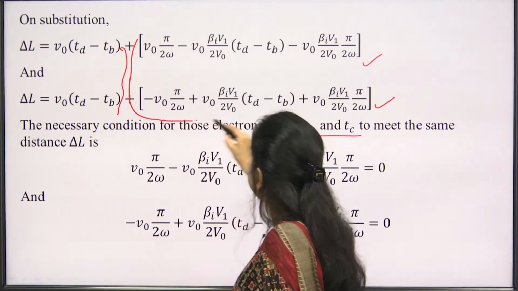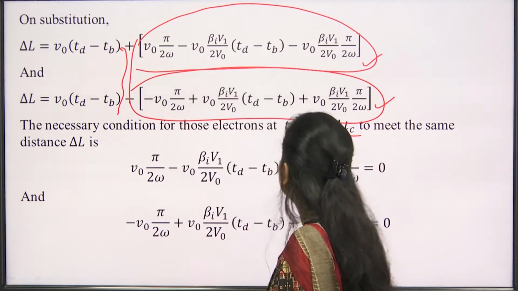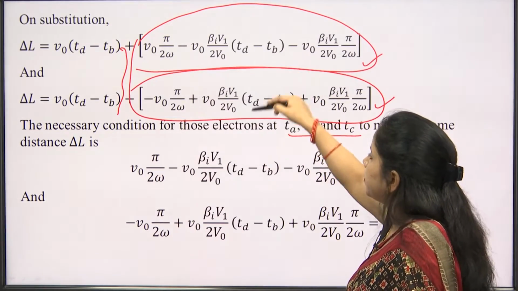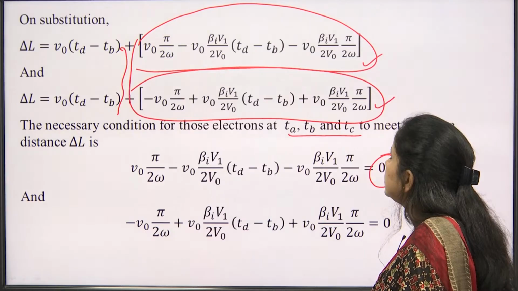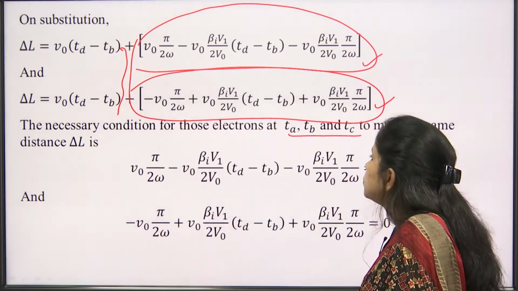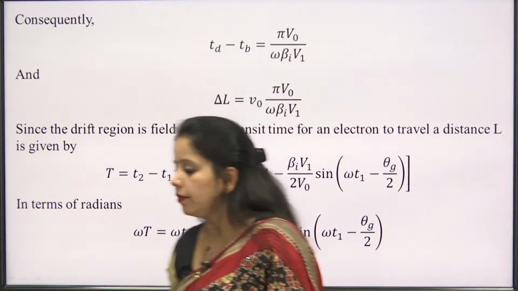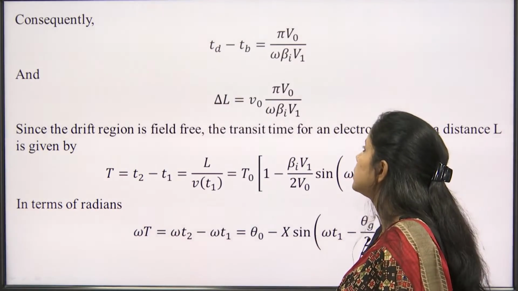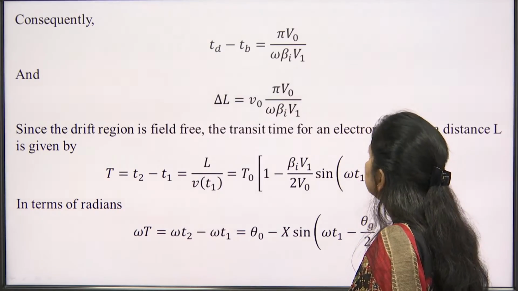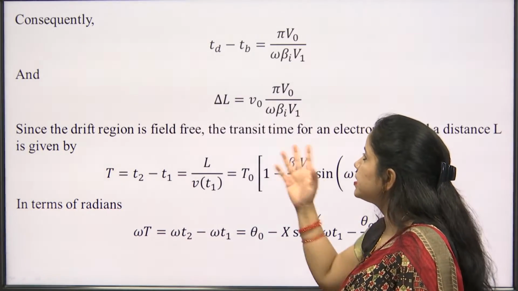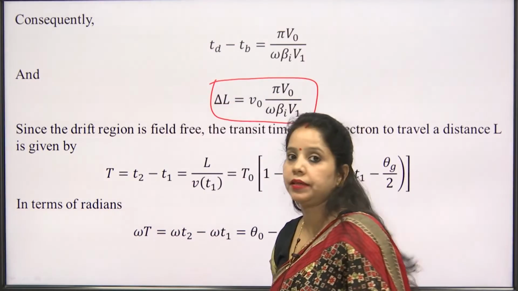The deciding parameters are this one and this one, and on subtraction they should give a resultant of 0, and we are just doing that. At the final destination, we get Td minus Tb equal to pi V naught upon omega beta I V1, and when we substitute this we are able to get the final del L.